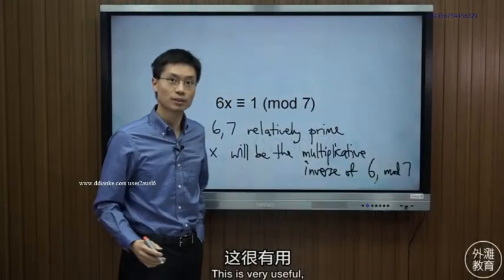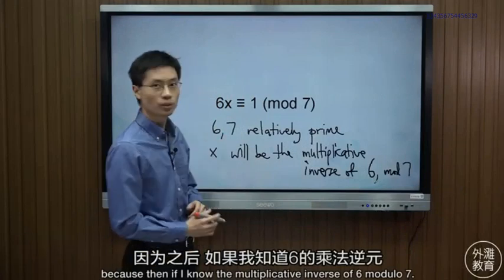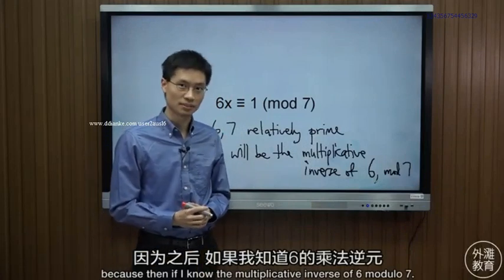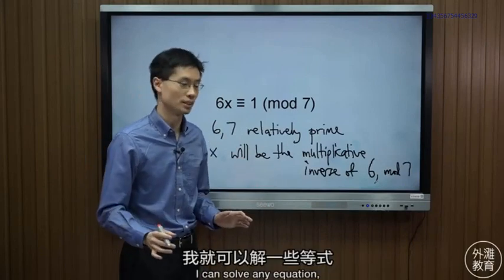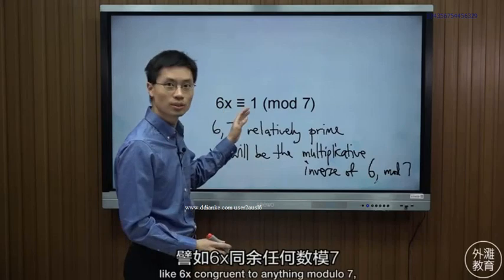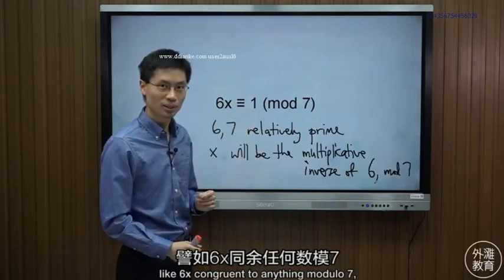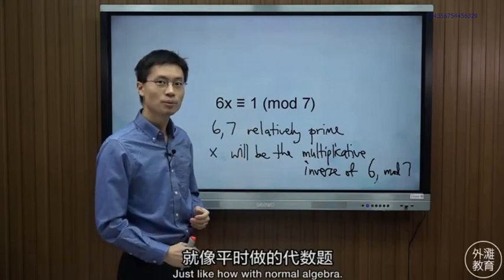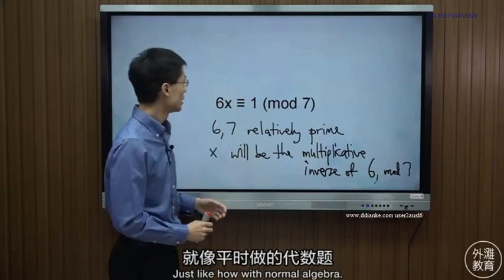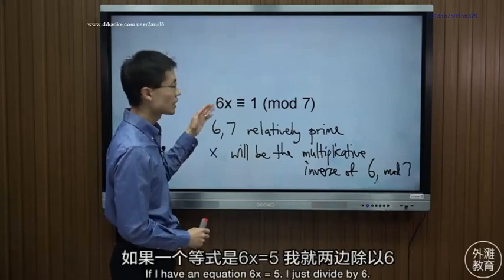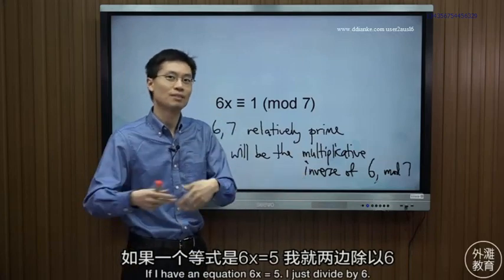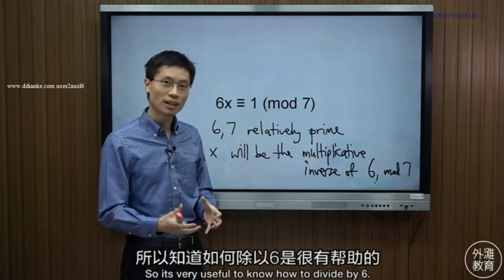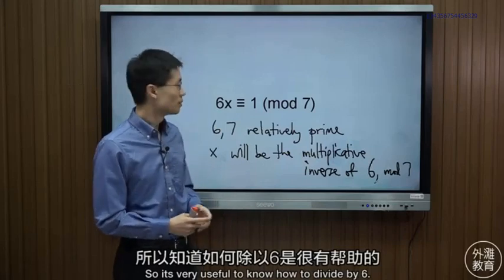This is very useful because then if I know the multiplicative inverse of 6 modulo 7, I can solve any equation like 6x congruent to anything modulo 7. Just like how with normal algebra, if I have an equation 6x equals 5, I just divide by 6. So it's very useful to know how to divide by 6.